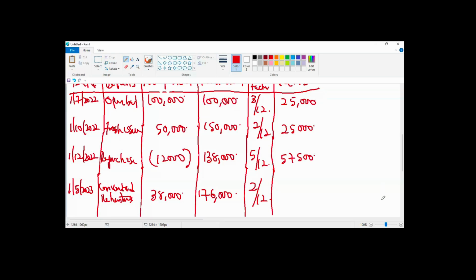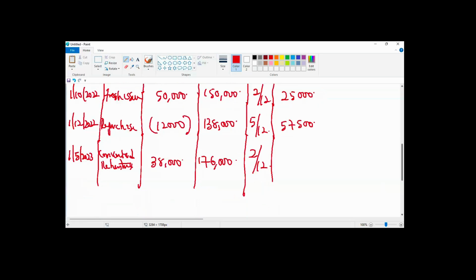Then 176,000 times 2/12 is 29,333. That's all.